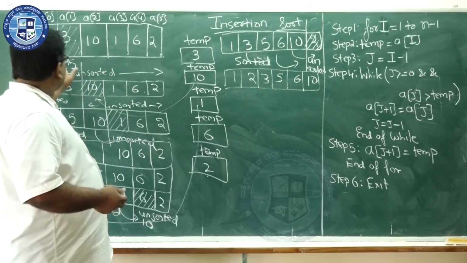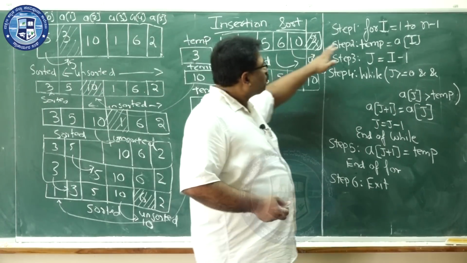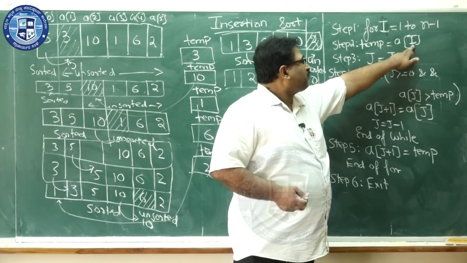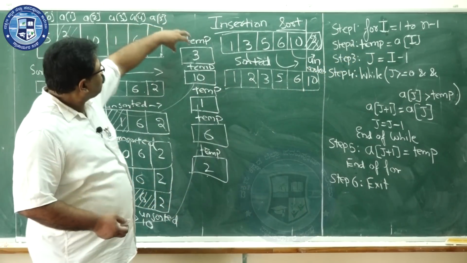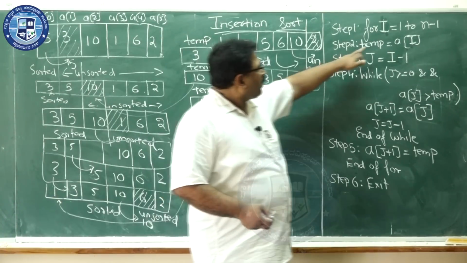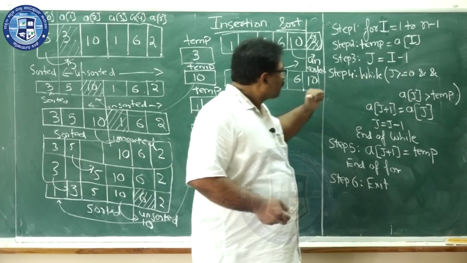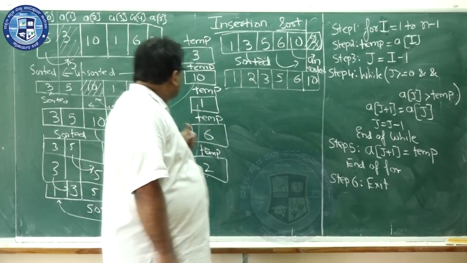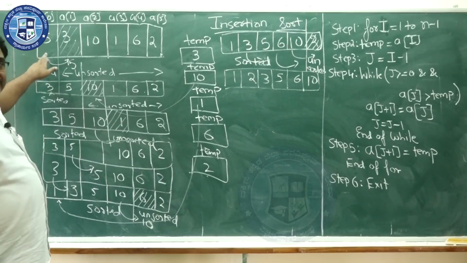What is the first step we have done? The first step we have done is, we have put down this value, a of I. If you look at this, 3 was put down into temp. So the value of temp becomes a of I, right? Then, once you have done that, you are trying to compare with the next one.